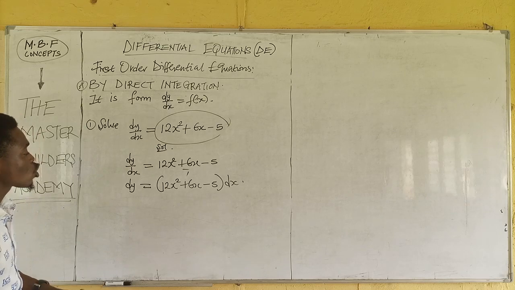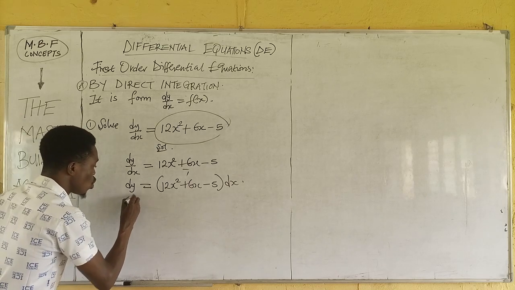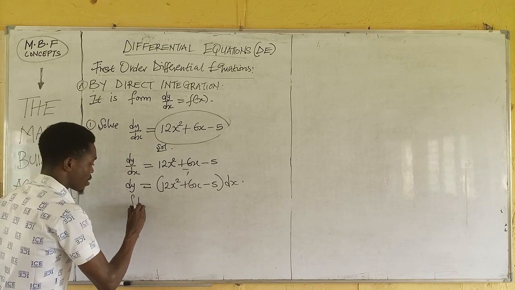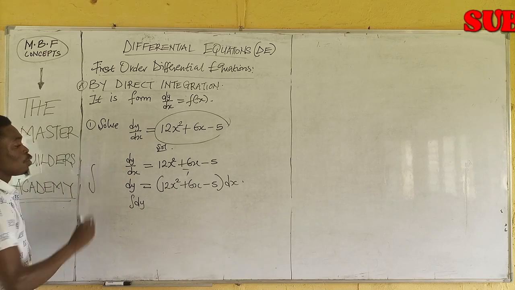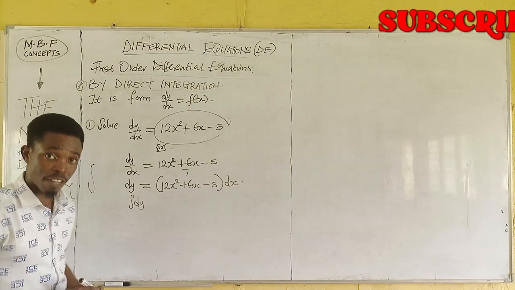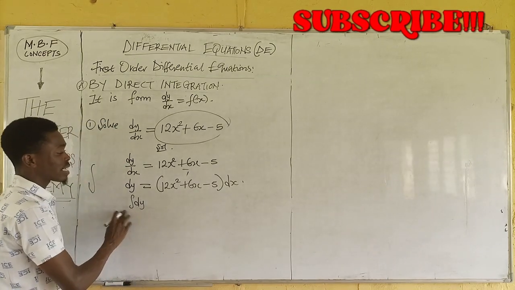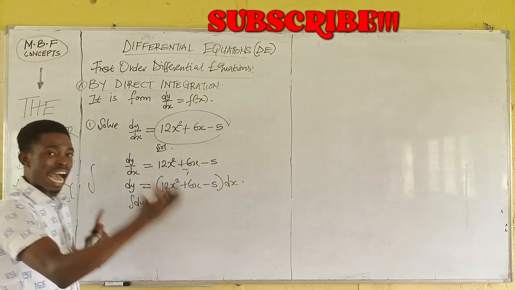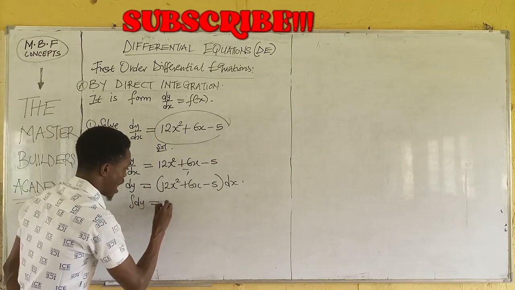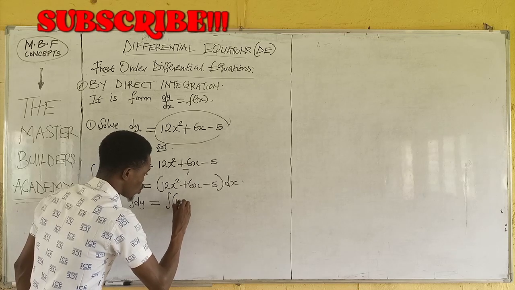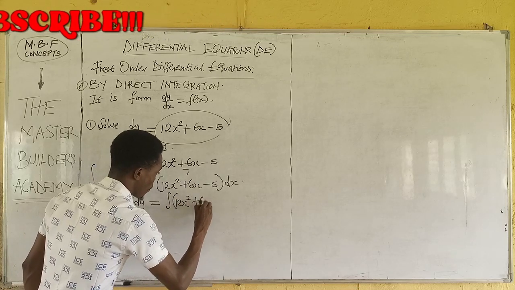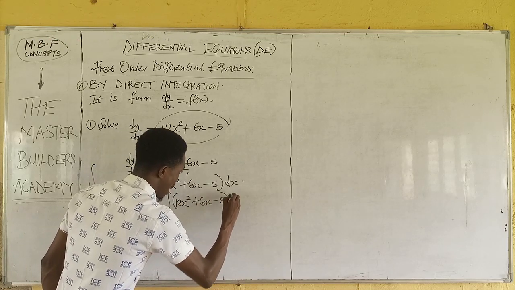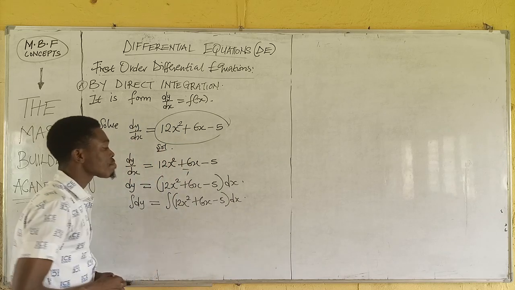Then the next thing I do is to quickly introduce my integral. Guys, this is the sign of integral which you use to integrate any function, right? So I introduce my integral to both the left-hand side and the right-hand side. Then I have integral of 12x squared plus 6x minus 5 dx.